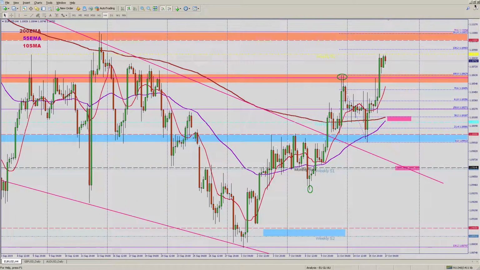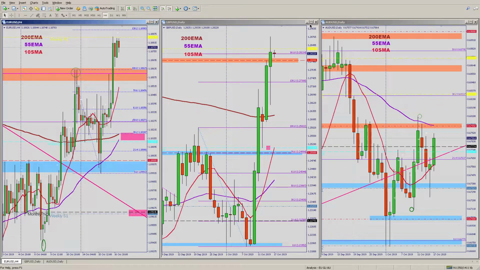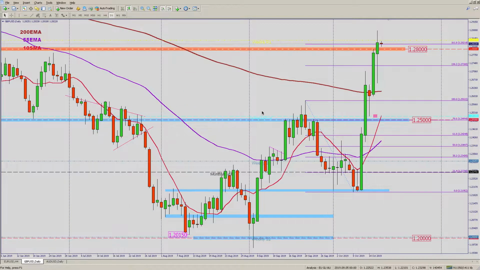All right, let's move on to the cable. And on the daily chart, it has resumed its bullish bias from the previous week after a short retrace on Monday to find support at the weekly pivot at 125.16.